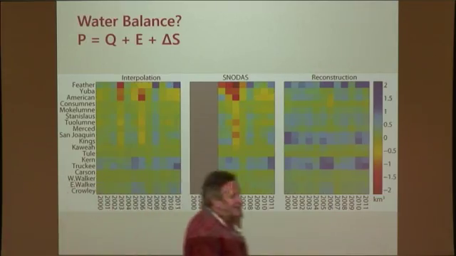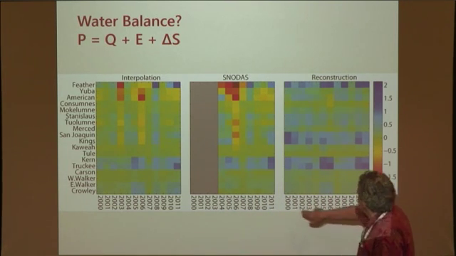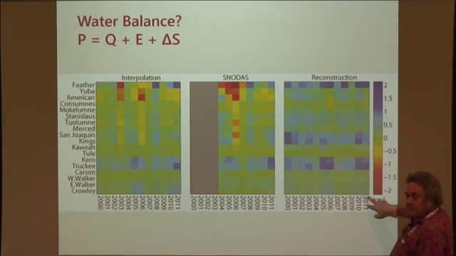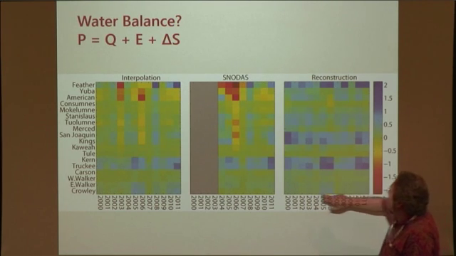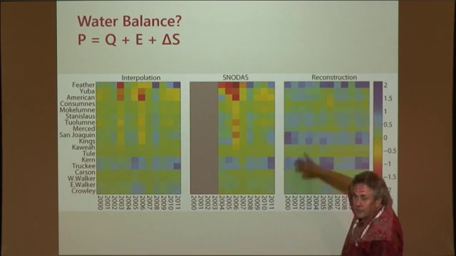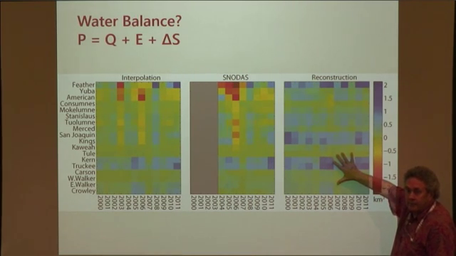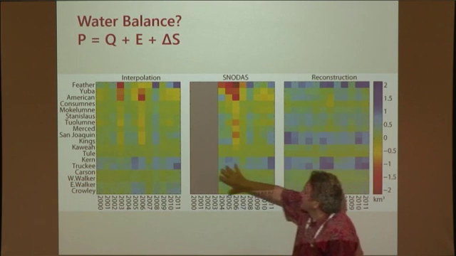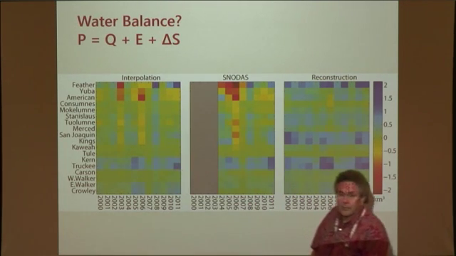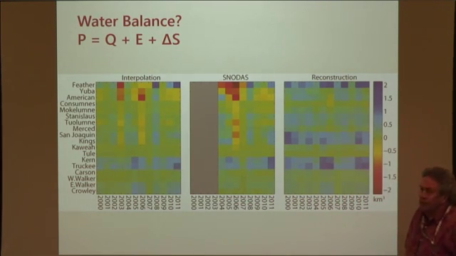And in the case of the reconstruction for 12 years, 19 drainage basins, the numbers from the reconstruction are all positive, right? Whereas for some of the others, the reconstruction is showing negative values for some.